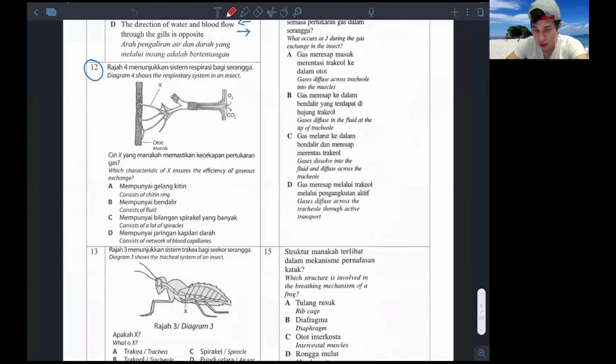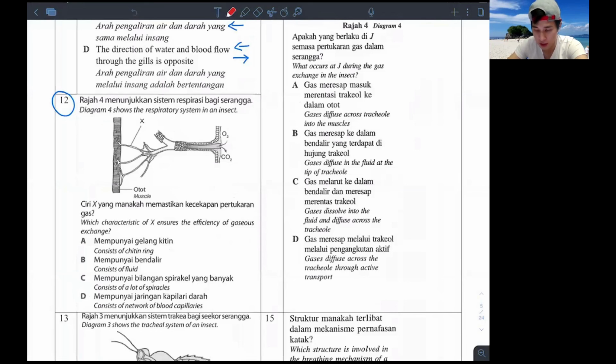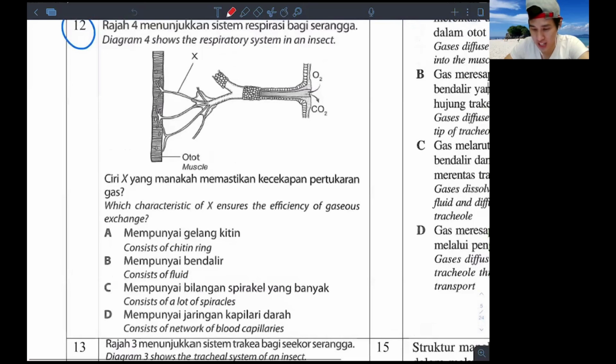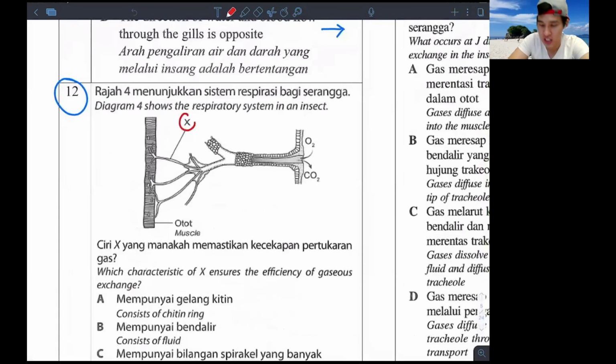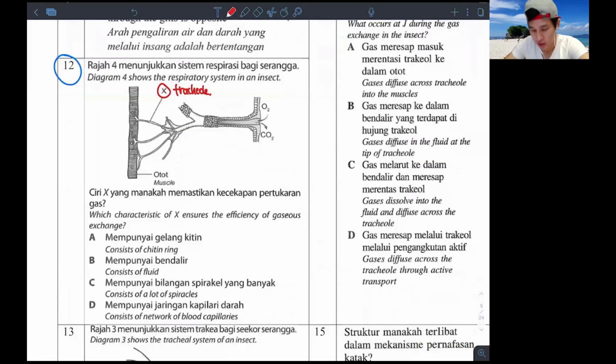So 12. This one you think yourself and tell me the answer, come fast. Which characteristic X ensures efficiency of gases exchange? What is X pointing at? Gases exchange in insects occurs at X, which I already mentioned is their tracheal. So which is the characteristic of the tracheal? Chitin, fluid, lots of spiracles, or a network of blood capillaries.